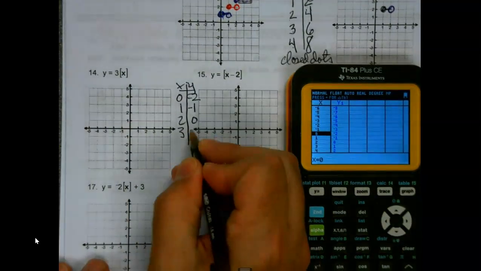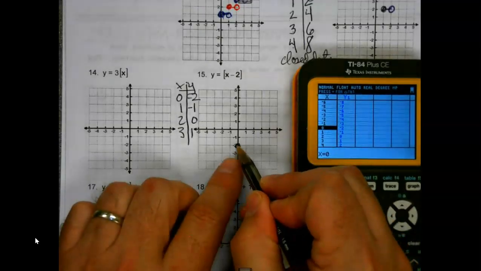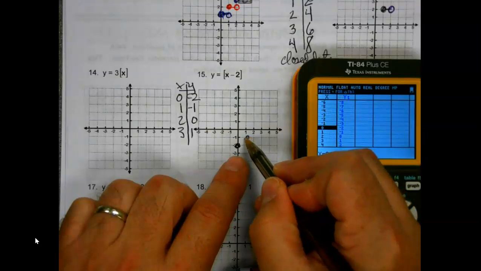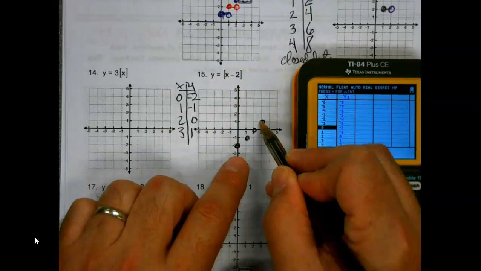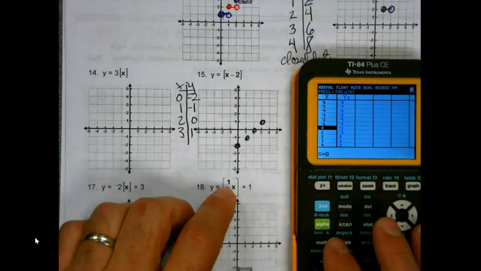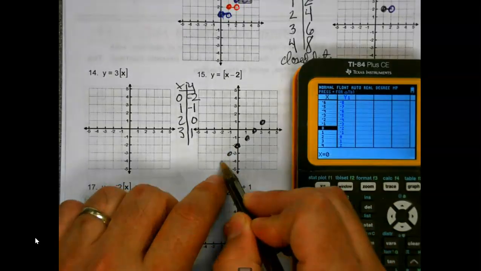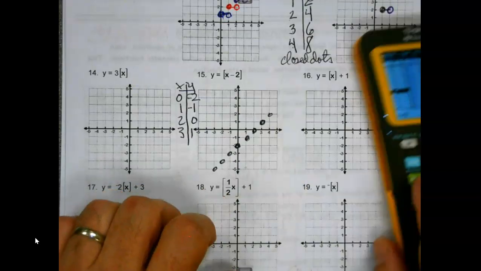Actually, I'll do one. So 0, -2, 1, -1, 2, 0, 3, 1. Okay, I can keep going as big as this graph goes if I wanted to.